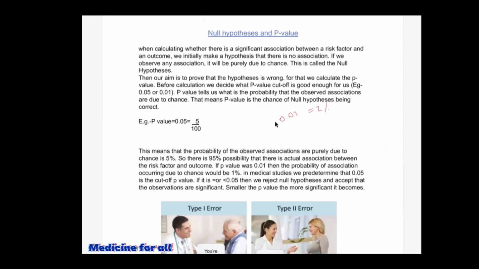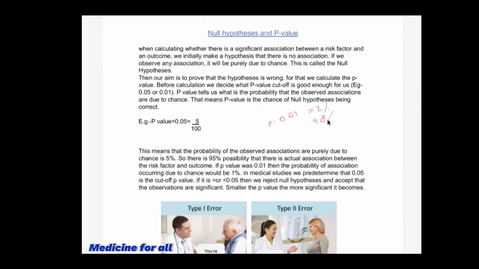If the p-value was 0.02, that means the chance of this outcome occurring because of chance is 2%, right? That means there is another 98% where this outcome occurred because there was actual association.